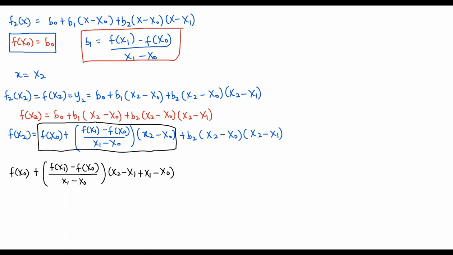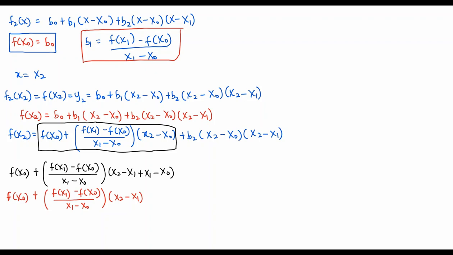So now let's look at what you are going to do. We are actually going to do some multiplication. So you're going to have f of x0 plus, bracket open, f of x1 minus f of x0, all over x1 minus x0, multiplying x2 minus x1.